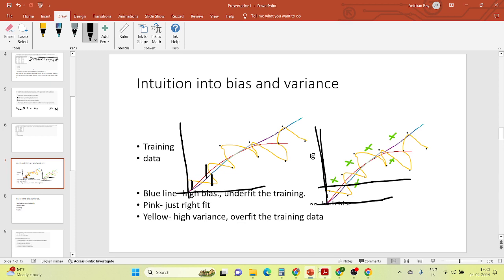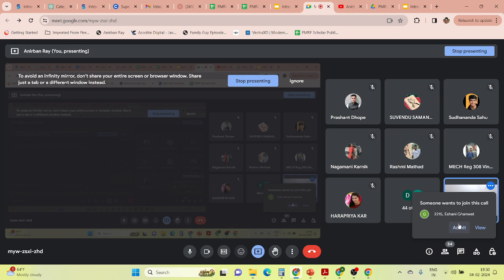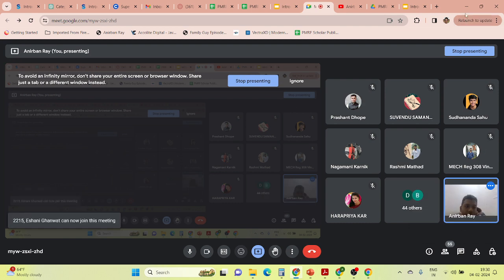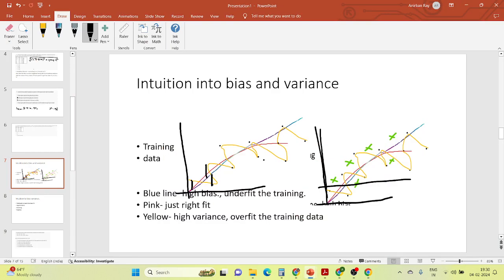So as the error is 0 on the yellow line, it has zero bias. It is not biased by any preconception. It is just trying to perfectly fit the data. So this yellow line has zero bias, this blue line has the highest bias, and the red one is in the middle.